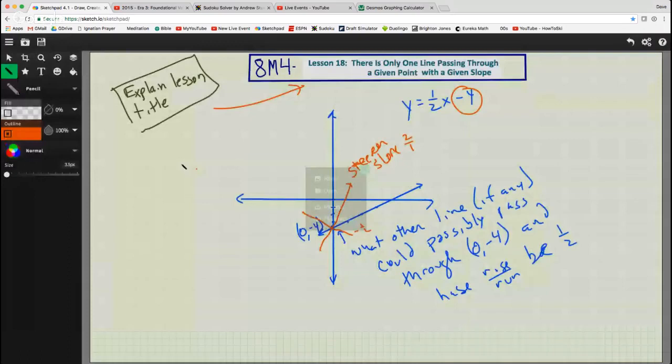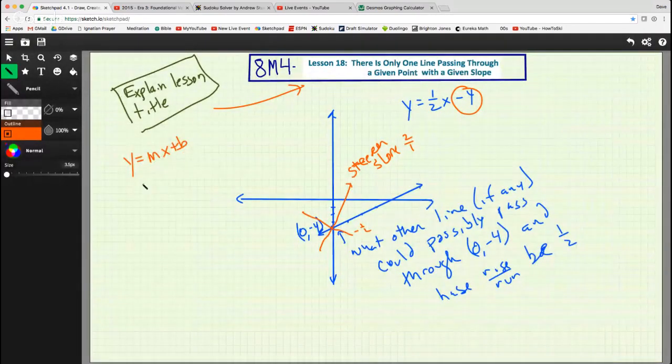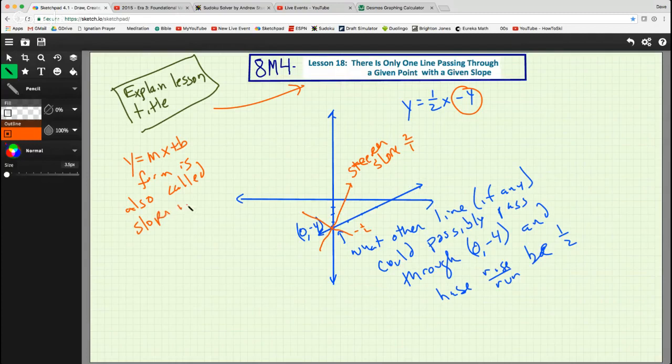One other thing, let me just write this out. Y equals mx plus b form is also called slope intercept form.